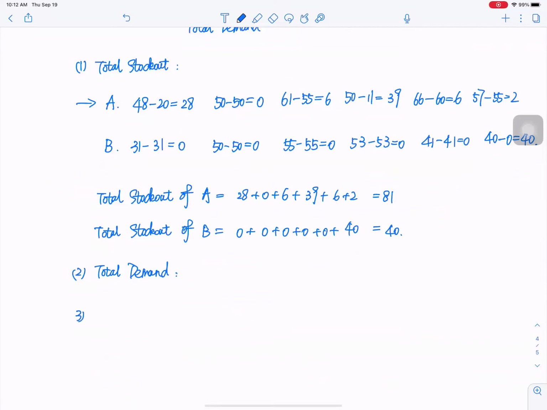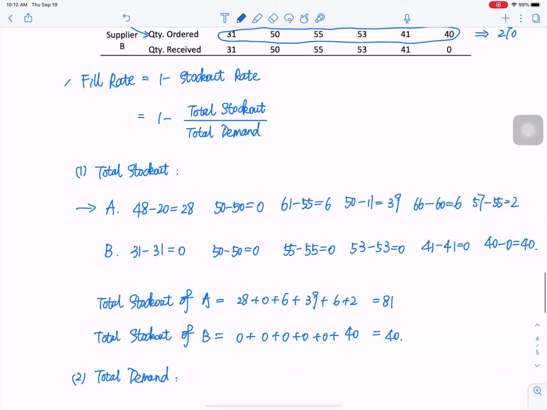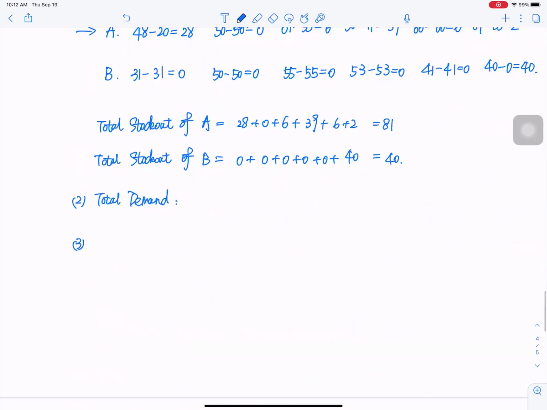Then our third step is to calculate the fill rate. So by using the formula here, we can calculate the fill rate.